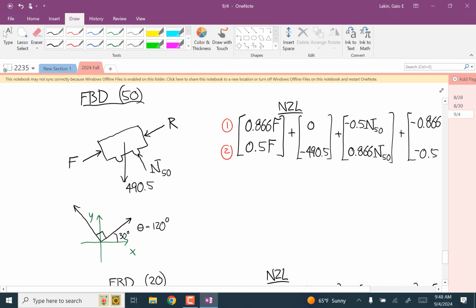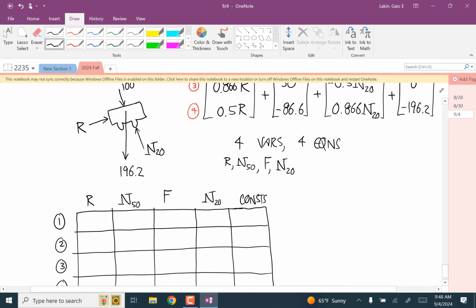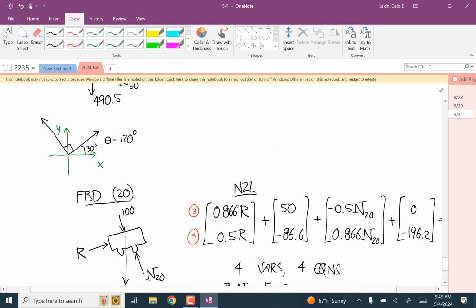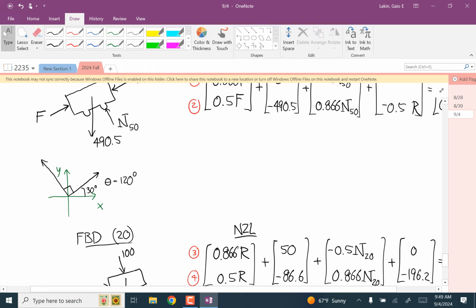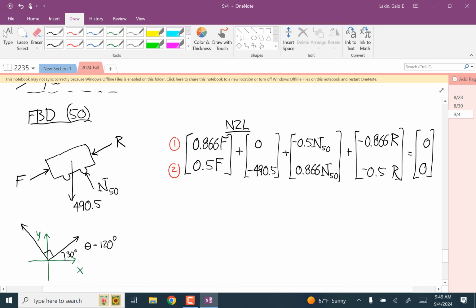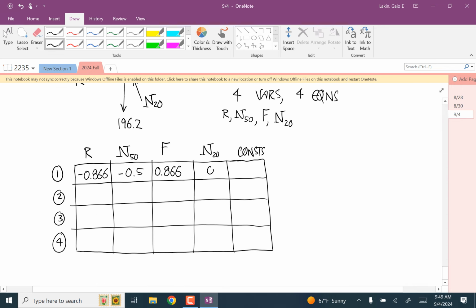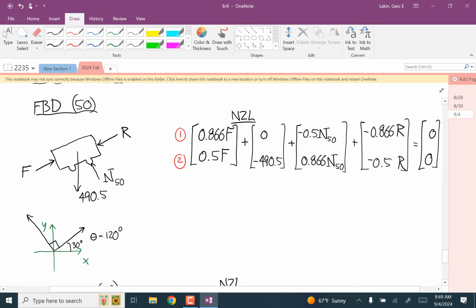And so equation 1, R's, we have negative 0.866. N50s, we have negative 0.5. F's, we have 0.866. N20s, in equation 1, we have 0. And constants, we have nothing.